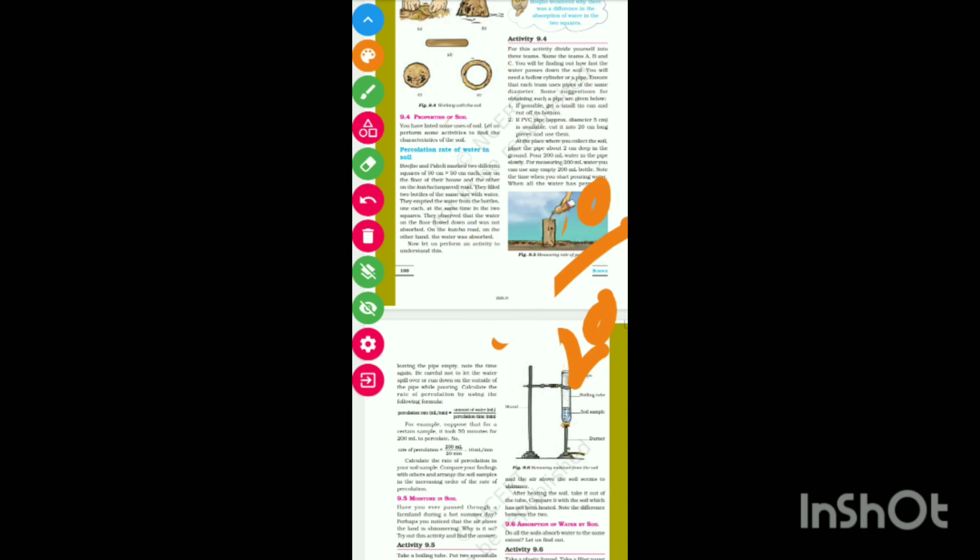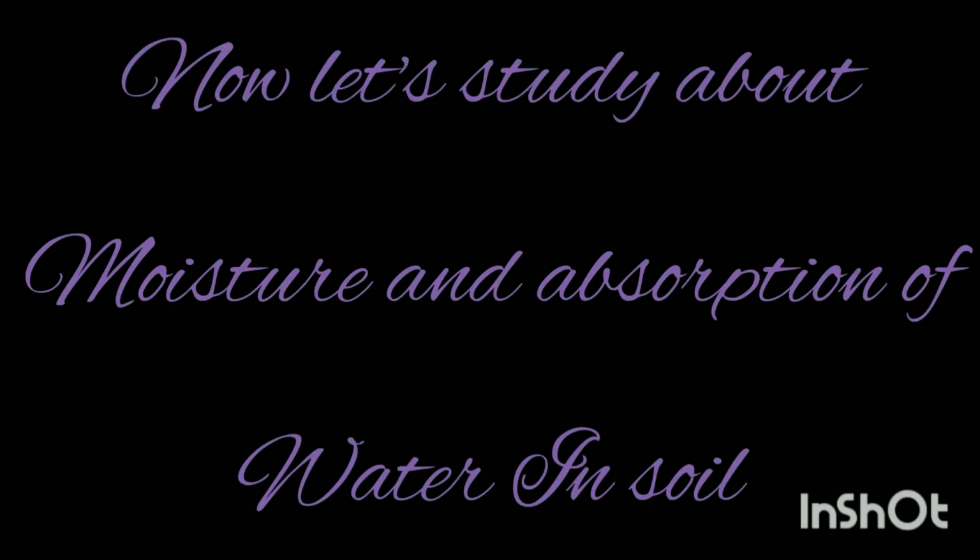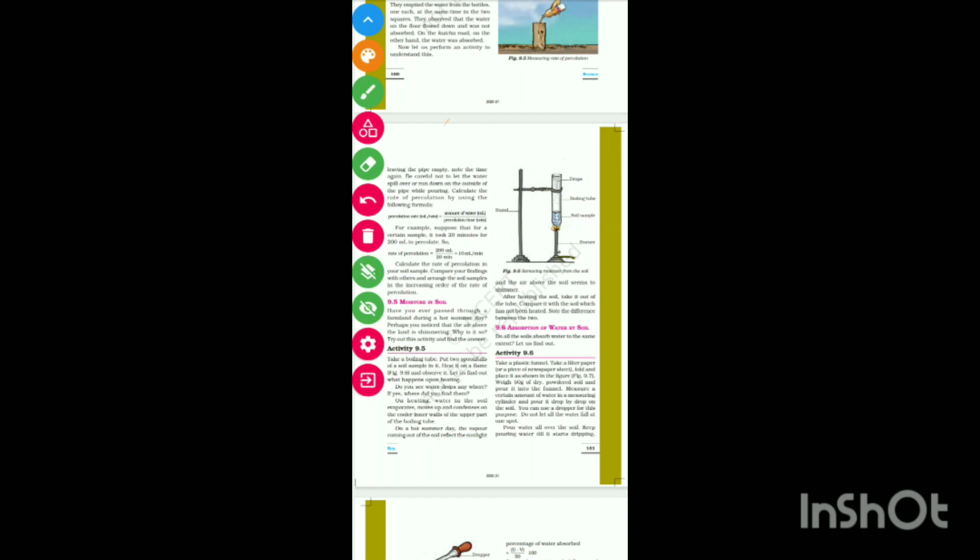So let's come to the next topic. Now we will learn about moisture in soil and absorption of water by soil. Since the topic of moisture in soil is very short, I am going to explain both topics at once.